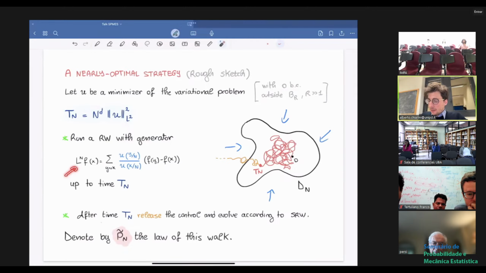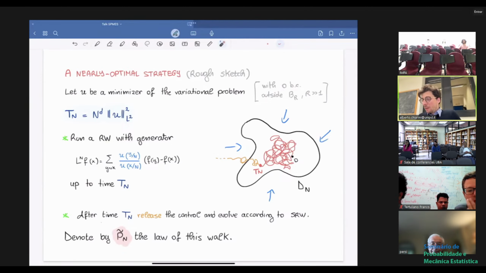But we do that not for all times, but just up to this time Tn. The problem, you can understand, is that if you don't release the walk after time Tn, it is just going to be recurrent, and it will cost too much.